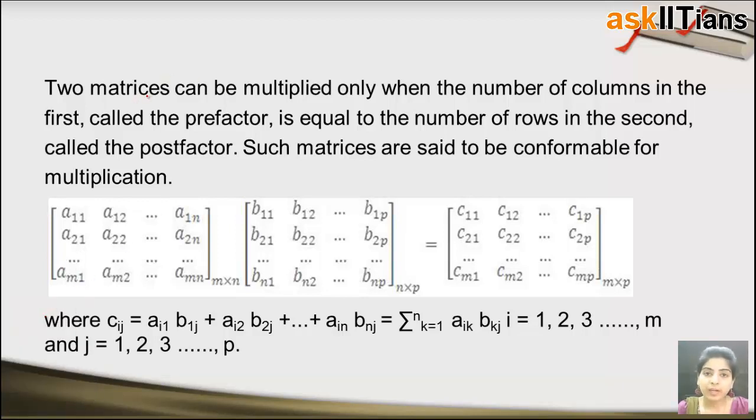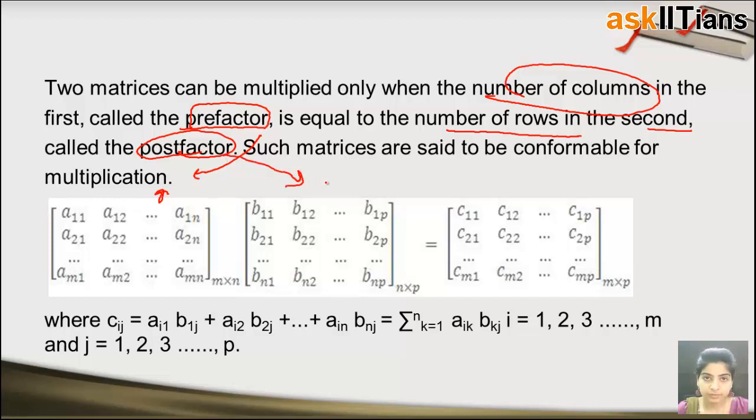Two matrices can be multiplied only when the number of columns, note this, in the first, which is called the prefactor, is equal to the number of rows in the second, called the post factor. This means that this matrix is called the prefactor and this matrix is called the post factor.